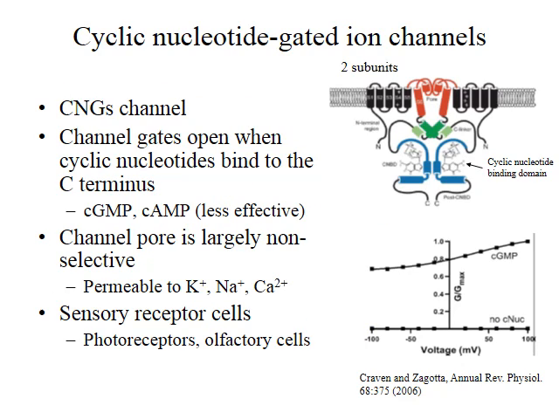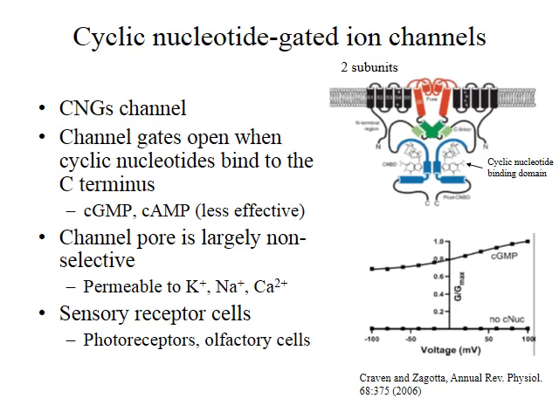Another class of ion channels that play a very important role in sensory transduction are the cyclic nucleotide gated ion channels, the so-called CNG channels. Their open probability increases when cyclic nucleotides bind to the C-terminus of the channel protein on the cytoplasmic side of the channel.